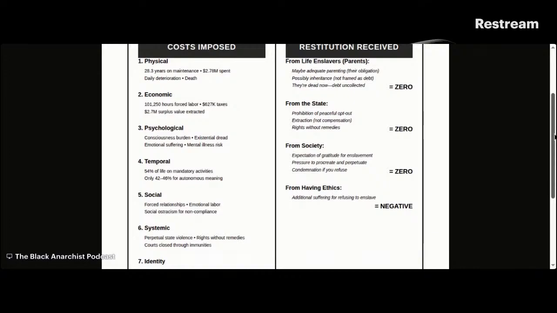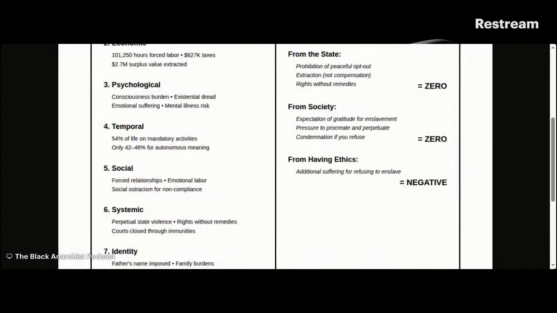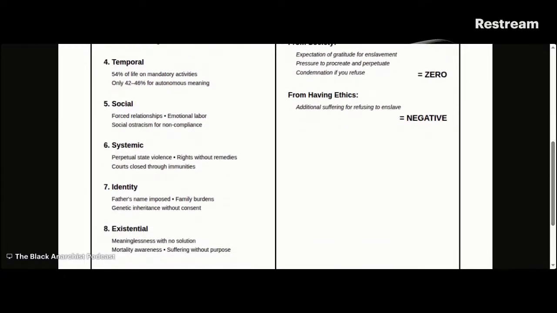The psychological cost, the consciousness burden: existential threat. I don't know if you guys can see, I can make it a little bit bigger. Existential threat, emotional suffering, mental illness risk. Temporal: 54% of life on mandatory activities, only 42 to 46% on autonomous meaning. Social: forced relationships, emotional labor, social ostracism for noncompliance.